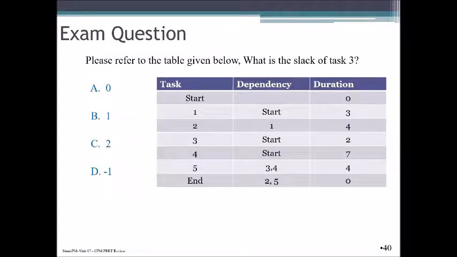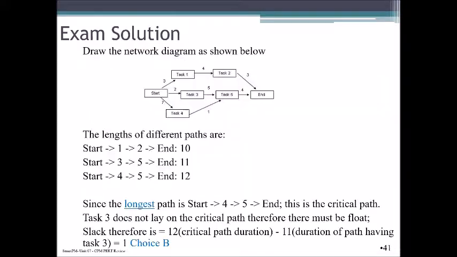Pause the video and resume when ready. In order to successfully answer this question, we need to first draw the network diagram. We exhaust all of the paths to determine the length of each path. We determine which is the critical path.